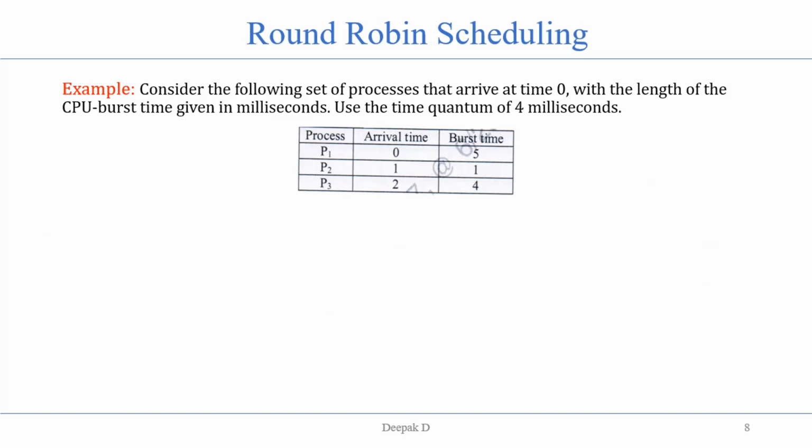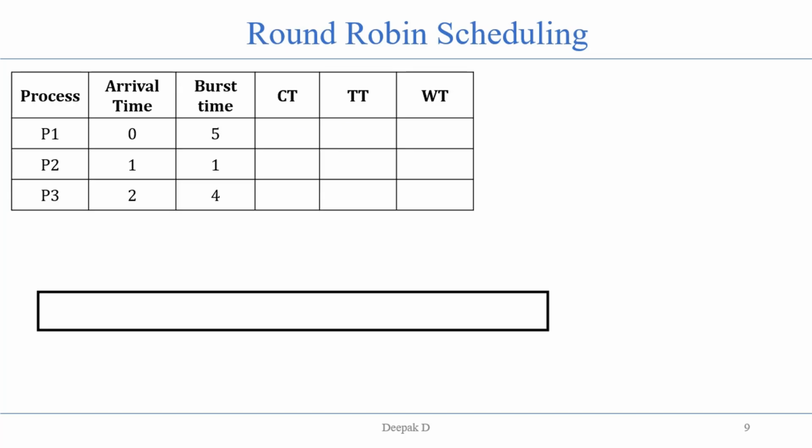Let's consider another example where the arrival times are different. In the previous example, all the processes arrived at time 0. Now you can see that the arrival time has varied. So here we need an additional queue to demonstrate round robin scheduling.